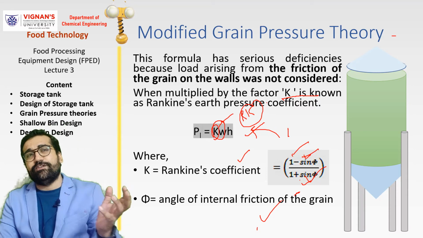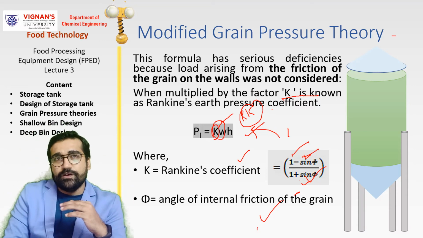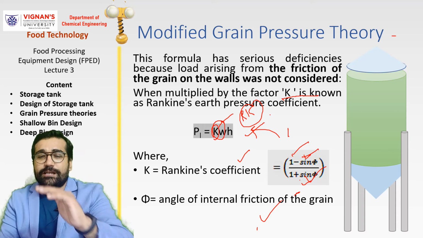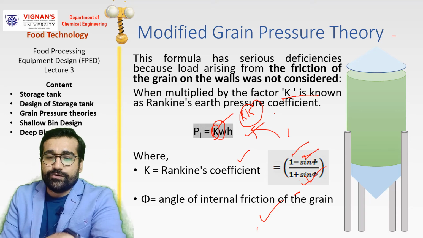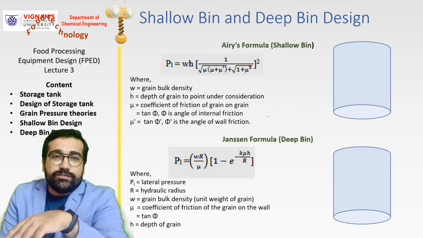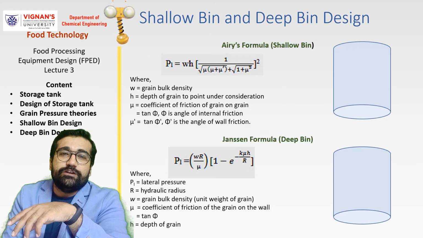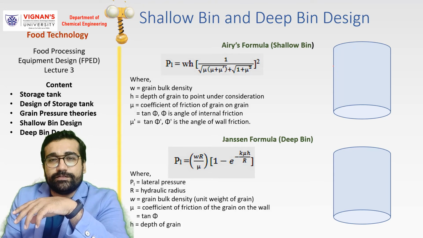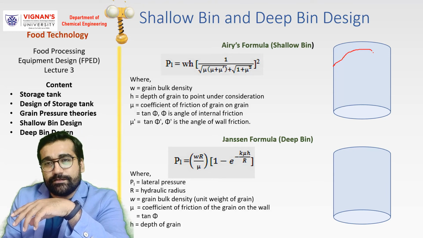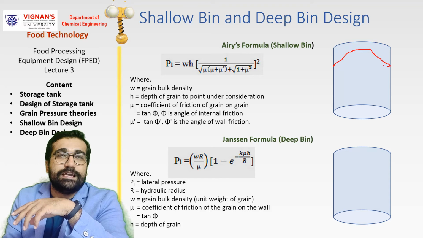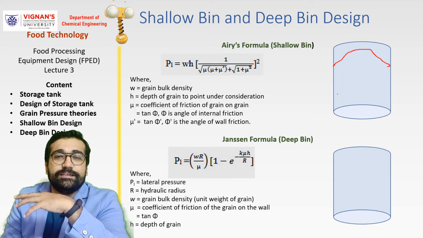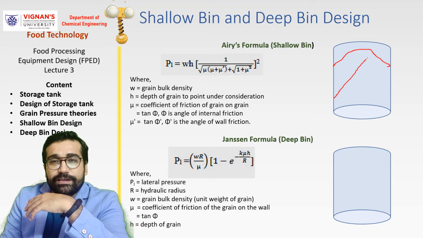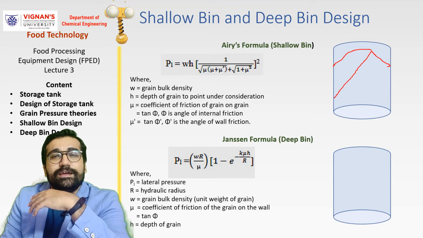Because there are various types of silos. There are deep bins, deep silos, or shallow silos. So what do you mean by deep silo or shallow silo? Suppose this is a silo in which grain has been filled, and what happens when we fill the grain?